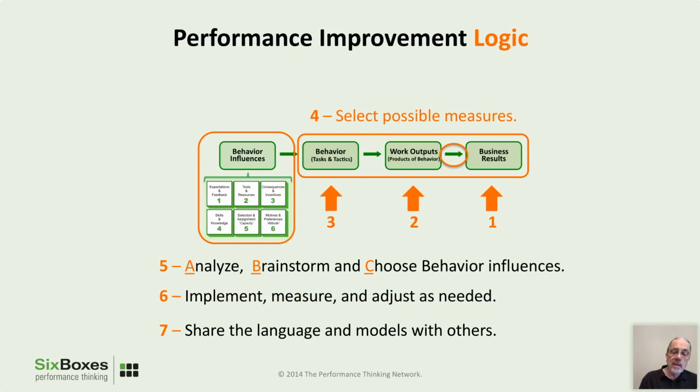So now we move into the 6 boxes model with behavior influences, and we do a design thinking thing. We analyze what's currently in place, what's working, what's not working. We brainstorm, ideally very robustly, green lighted brainstorm, to think about all the things we could do to fix those gaps or to fix whatever is missing or is not working.